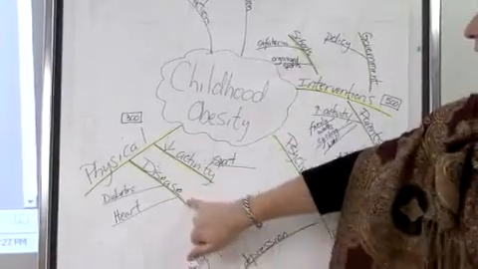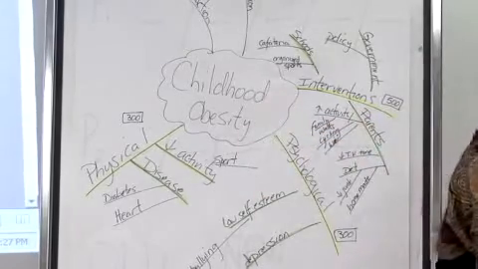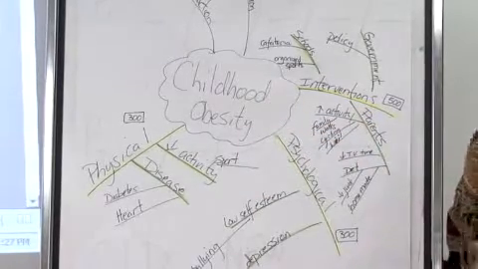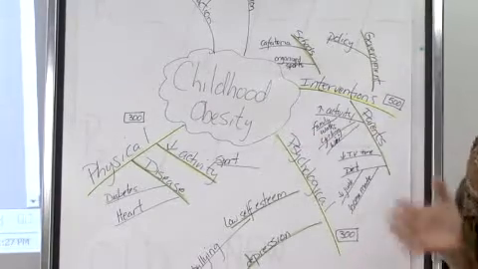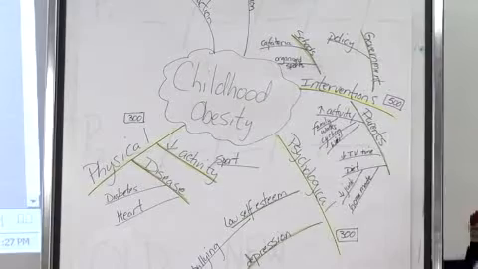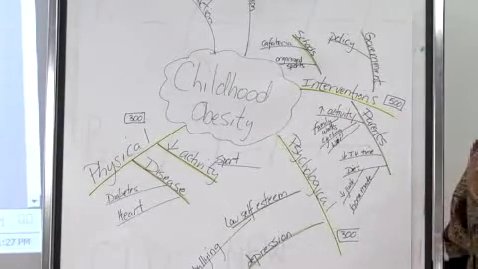What types of diseases could people who have childhood obesity develop? When would they develop them? Would they have the chance of recovering from these diseases if they were not obese? All these are questions that you can ask so that you're becoming an active reader.